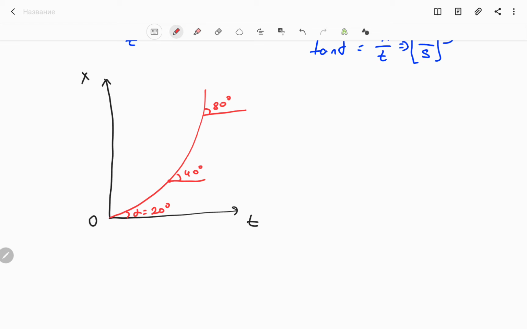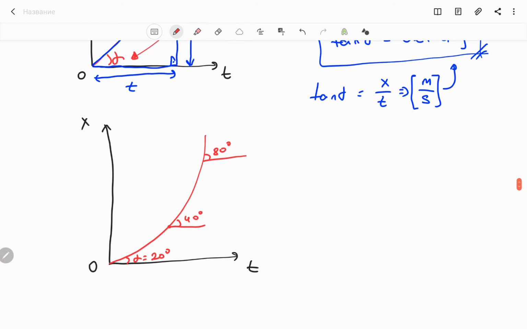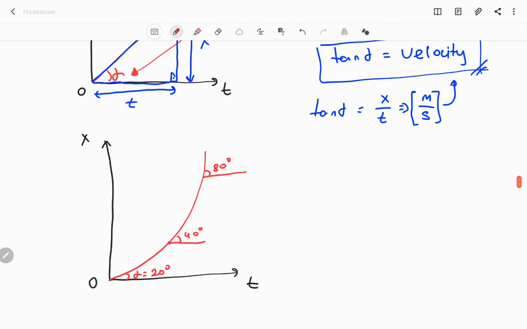This graph corresponds to motion with increasing velocity. How can we understand that velocity is increasing? Because the angle is increasing, and tangent alpha corresponds to velocity.